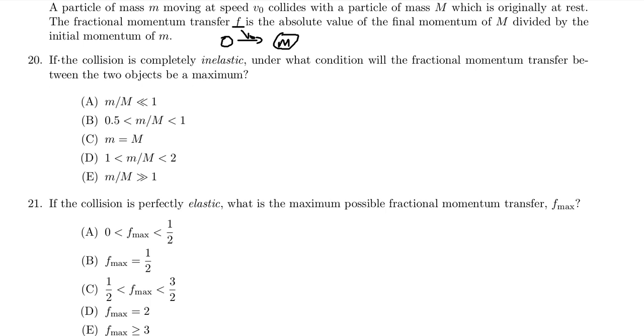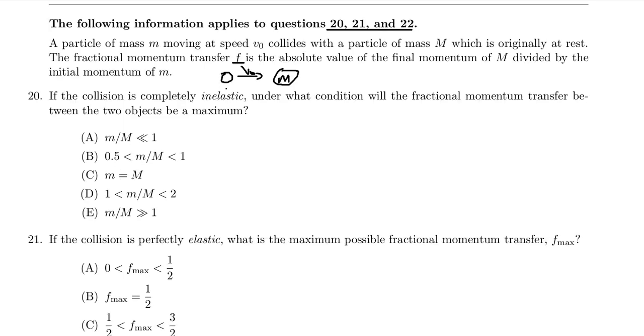So for question 20, it says, if the collision is completely inelastic, which means the two particles stick together, under what condition will the fractional momentum transfer between the objects be a maximum? So we know that in any collision, momentum is conserved.